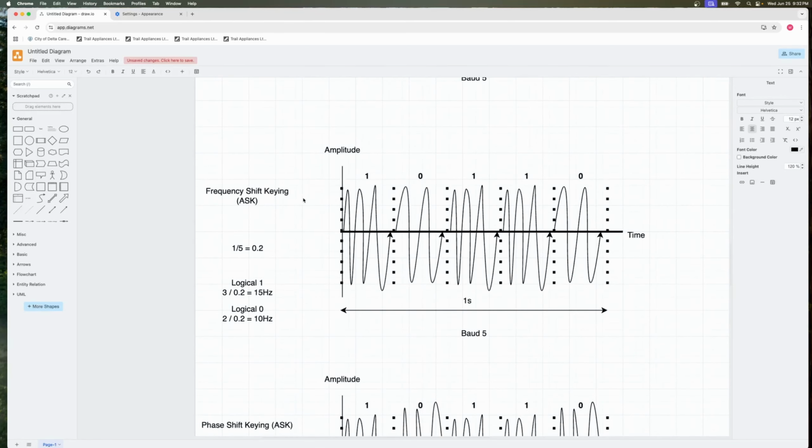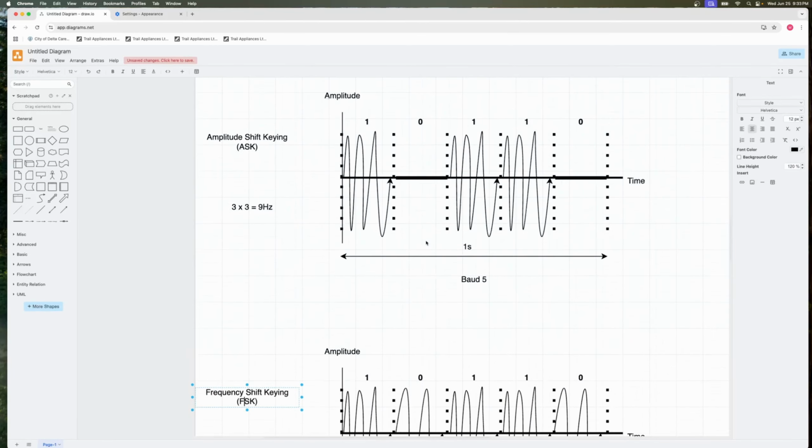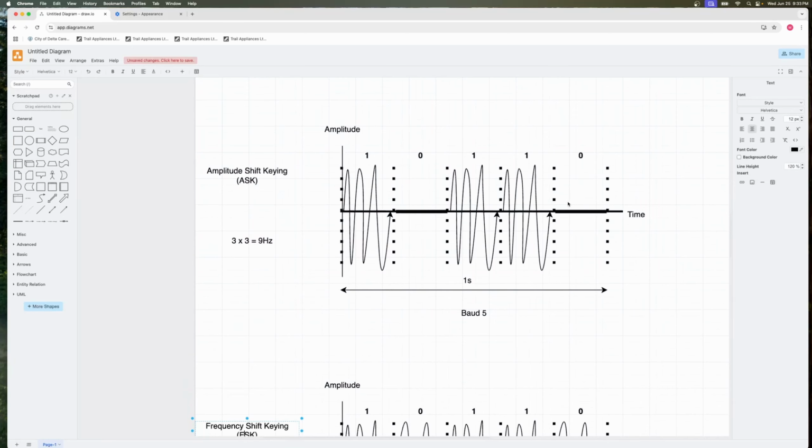And then we have the next one here, which is frequency shift keying, FSK. Here we have the same thing, amplitude over time. Time is the x-axis and amplitude is the y-axis. But you can see there's a difference in the chart. Before, the zeros were flatlined, but the ones had peaks.